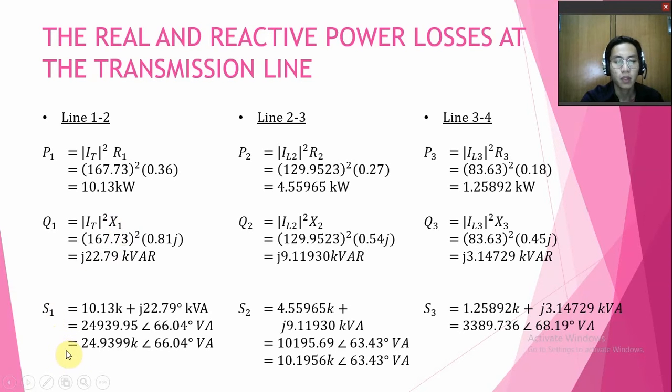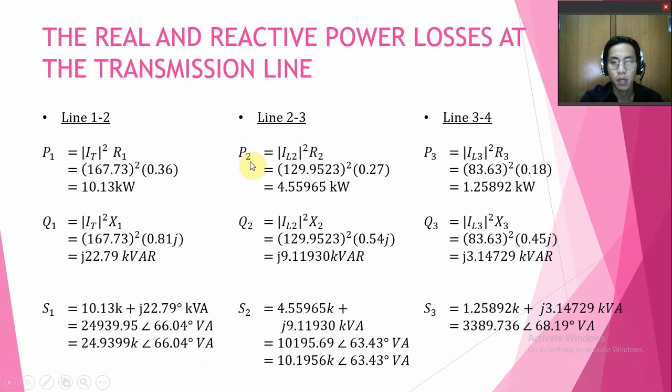Thus, we can have the apparent power for the line 1 till 2, which is 24.9399 kilo with an angle of 66.04 degree voltage ampere.